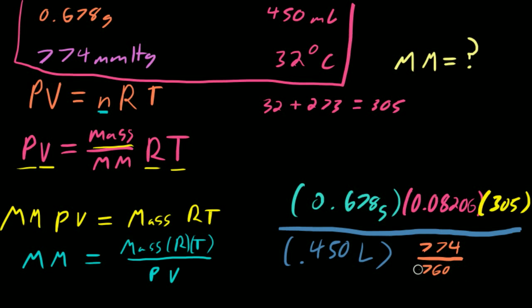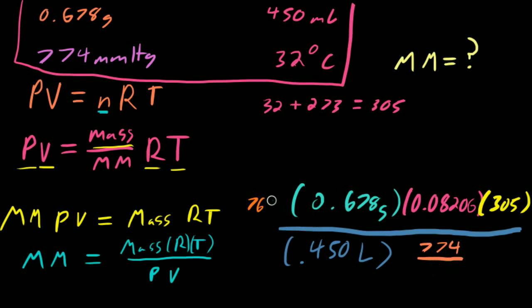Even the way I'm going to do this when I calculate it out, I'm going to move the 760 to the top of our fraction, because dividing by 774 over 760 is the same thing as, you know what, I hope I'm not confusing you. You can see that this is just algebra.